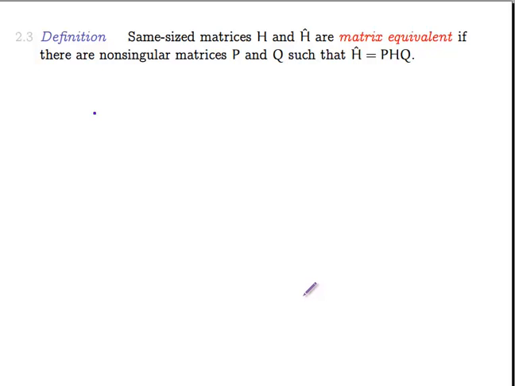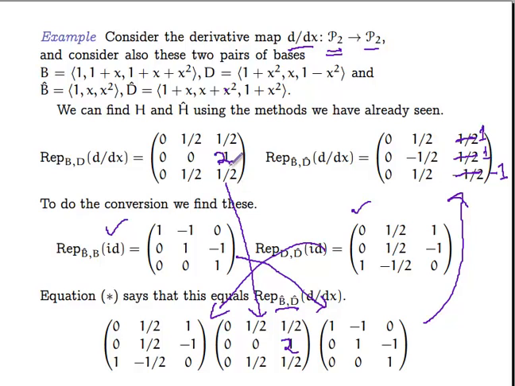All right, now what we've shown here is that this matrix, the representation with respect to B, D of this mapping, and the representation with respect to B hat, D hat of this mapping, certainly these two matrices are related in a very deep way, that they both represent the same linear mapping. And we can relate them algebraically by taking this matrix here, multiplying on the left and right by invertible matrices, and obtain this one.